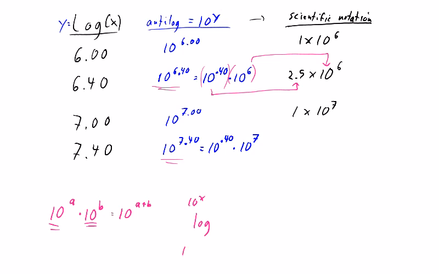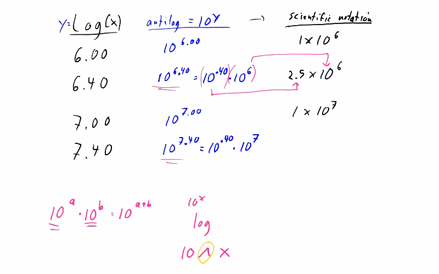If you don't have that button, you can take 10 and raise it to the x power using the up caret symbol. This tells you that whatever comes after the up caret is a superscript on a calculator that doesn't have superscripts. So let's go back to the problem.